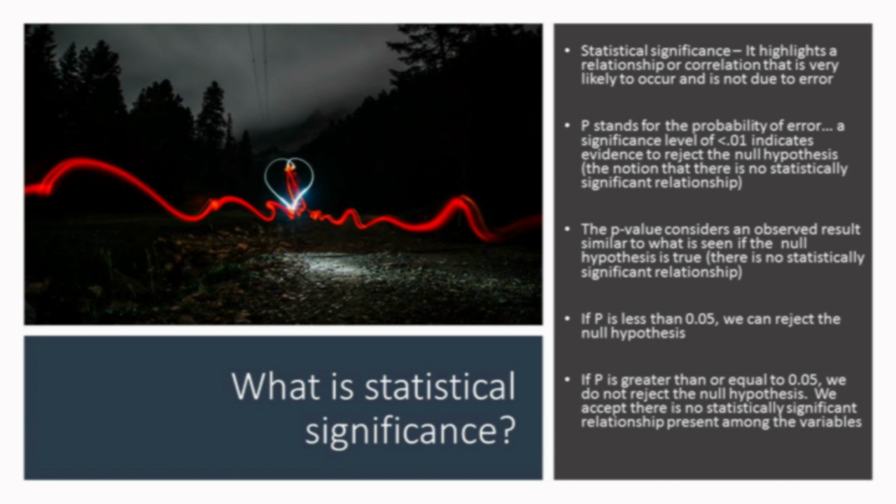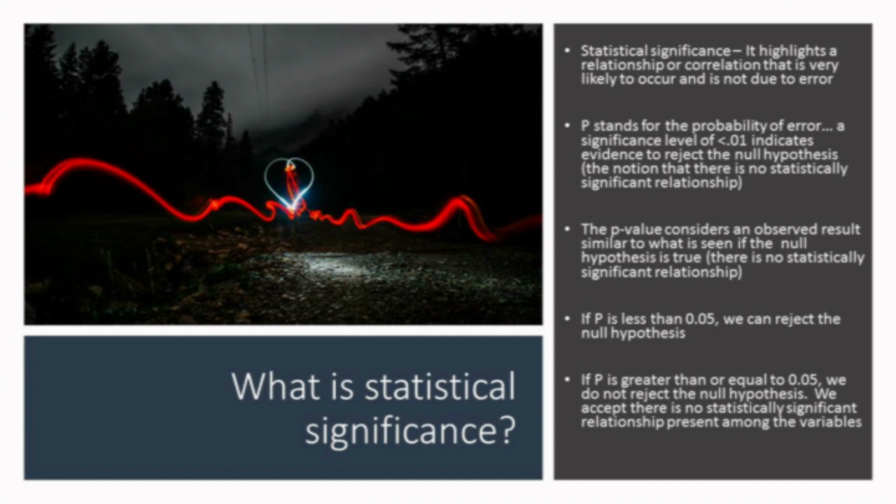That's what the p-value will tell you. It is good if it is small. We want our probability of error, of randomness, to be small. The smaller it is, the more it helps us understand that there is a significant relationship here. The p stands for probability of error.